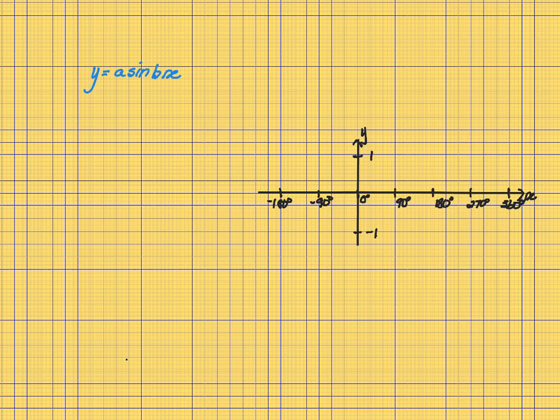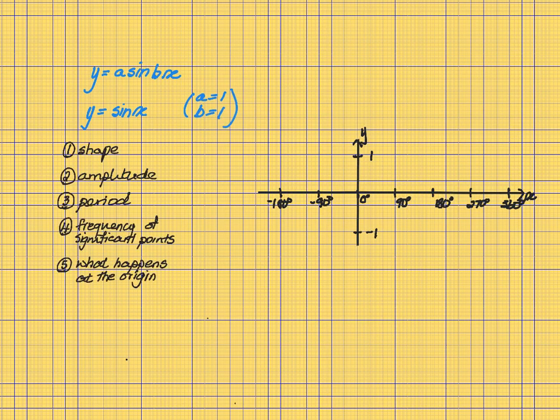We're going to start off with the specific case where y is equal to sine of x, which means that a is equal to 1 and b is equal to 1. When you are drawing the graph of any trig function, it's important to consider these 5 points that I've listed over here. The first is shape.